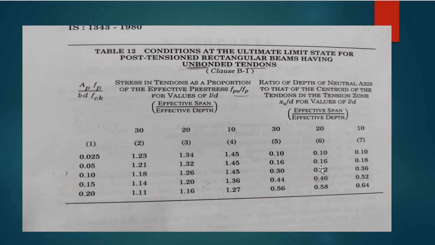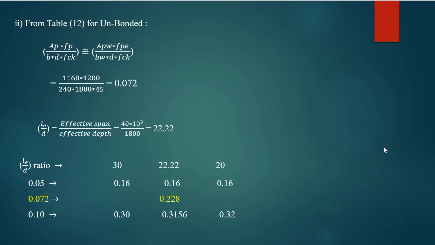Again, for 20 L by D ratio, we should consider 0.16. Next, for 0.10, the value is 0.3, and here it is 0.32. Those values I have written here.